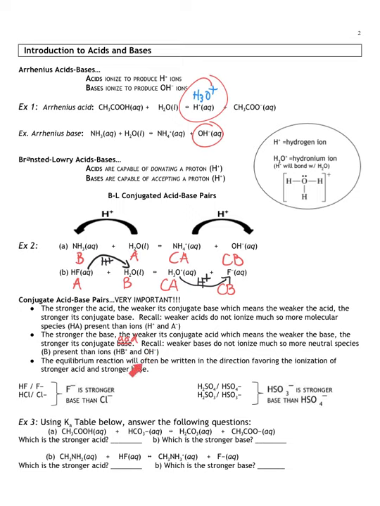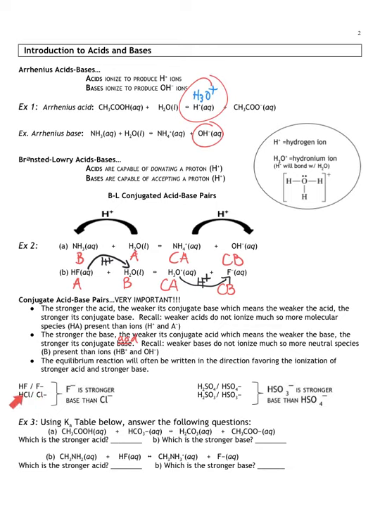The equilibrium reaction will often be written in the direction favoring the ionization of the stronger acid and the stronger base. So let's take a look at these examples. In this pair of examples, you have hydrofluoric acid and its conjugate base, and then hydrochloric acid and its conjugate base as well.